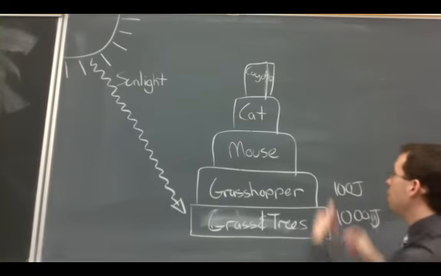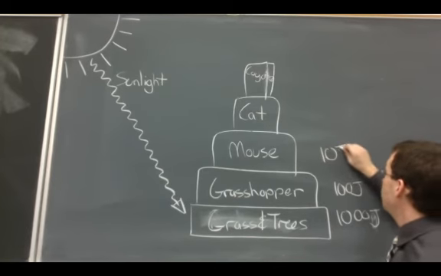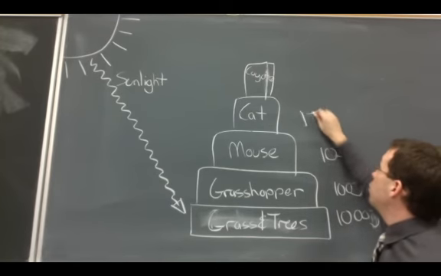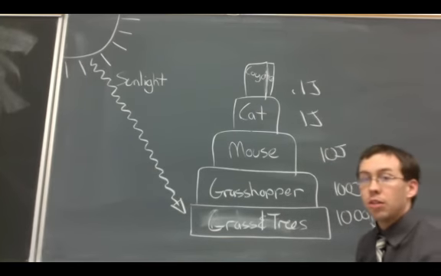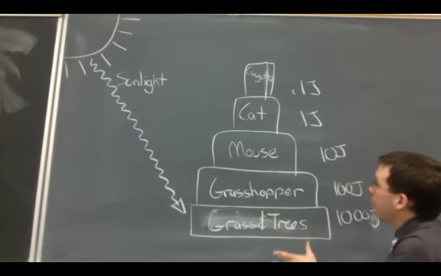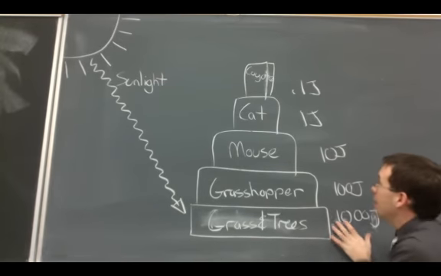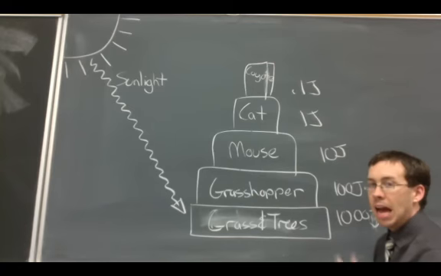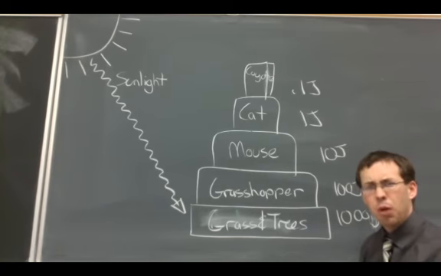But as we continue up, 10% of 100 is 10 joules, then 1 joule, and then 0.1 joule. All right, a joule is just a unit of energy that we use in science class. So if we look here, we can see that of 1,000 joules of energy, only 0.1 joules actually makes it to the top level consumer. Well, this is a problem.